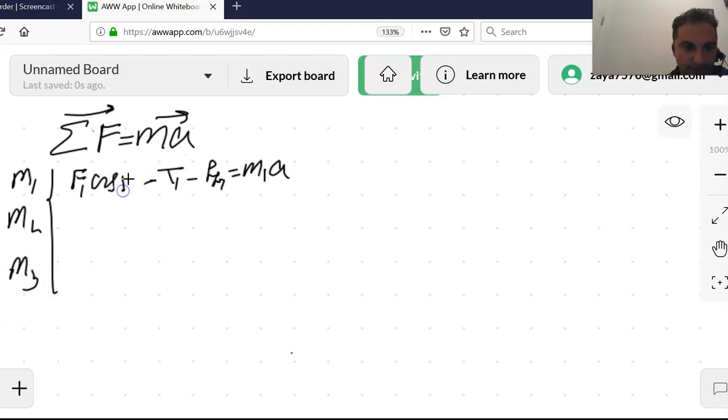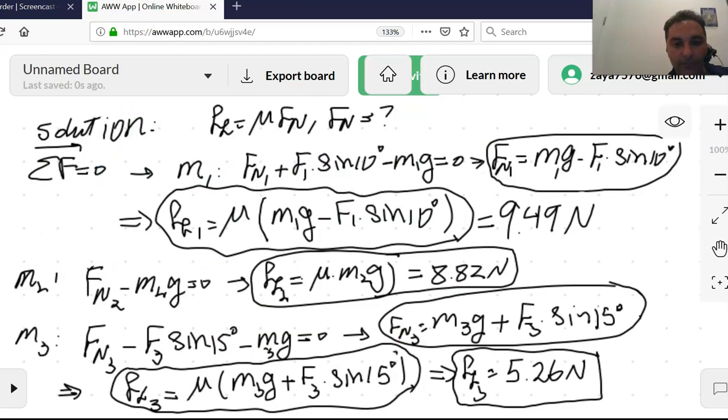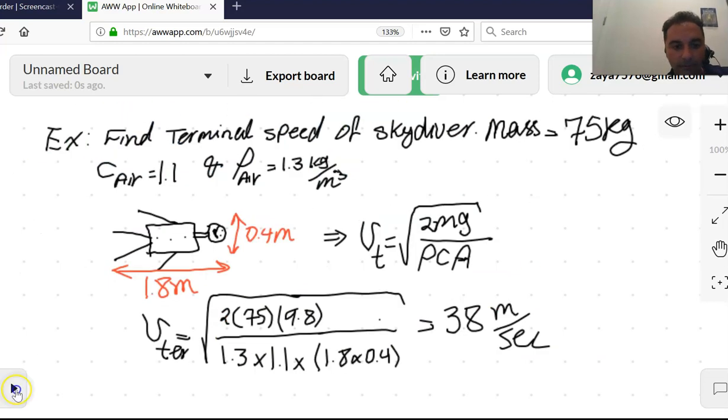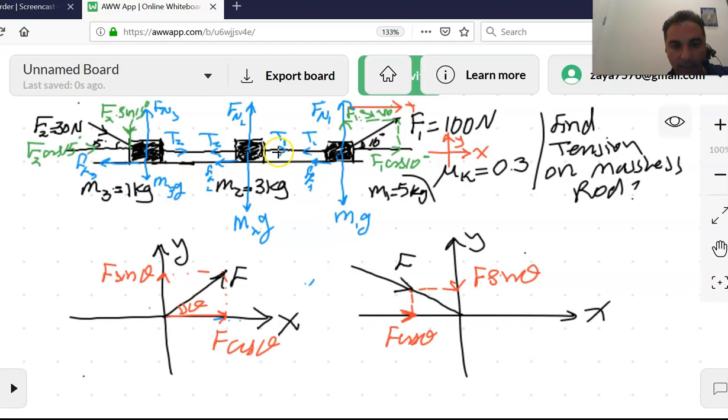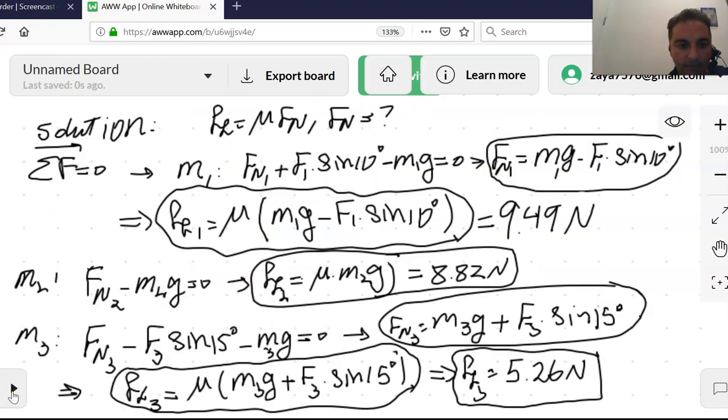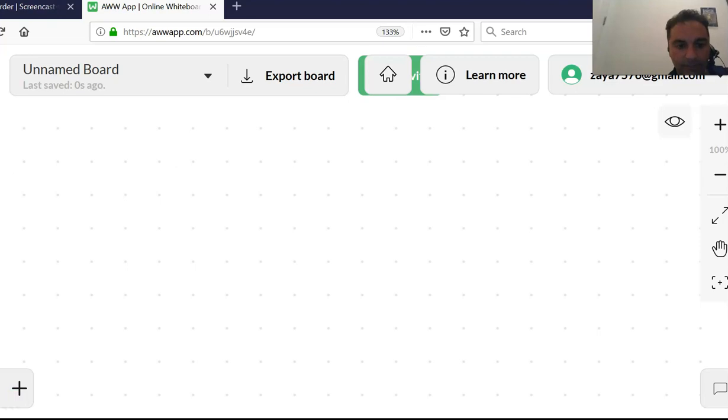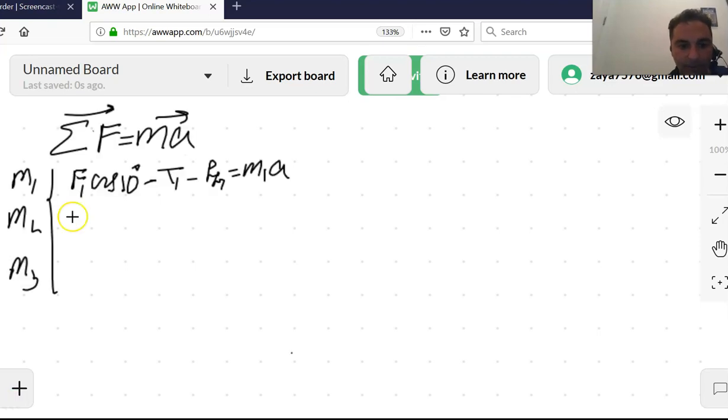This is 10. What do I have for m2? I have T1, T2, and FF2, correct? So I have T1 minus T2 minus FF2 equal m2a.